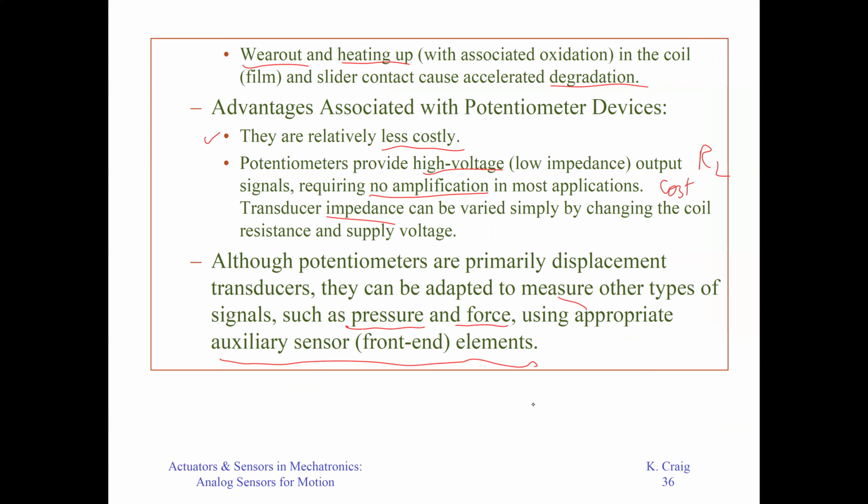But the sensitivity is another problem, in that the impedance may change, okay? If the coil resistance or supply voltage changes, and so on and so forth. So this type of potentiometer is actually still widely used in industry for its robustness and for its low cost.